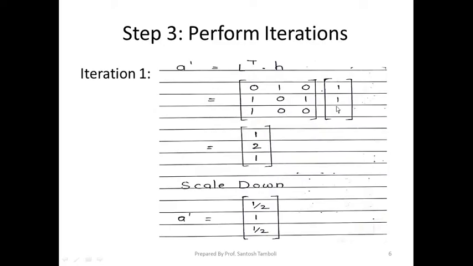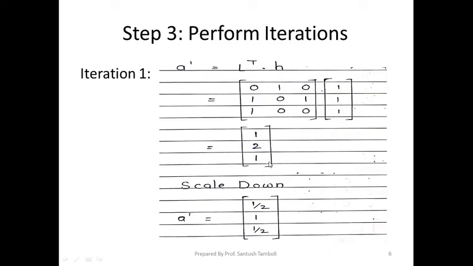This is just a simple matrix multiplication. First row into first column, that is 1 into 1 is 1. Then the second row multiplied by this column, the answer is 2. And for the third row, the answer is 1. Now, as we know, the entries in the hub or authority always lie between 0 and 1, so we will scale down this vector.